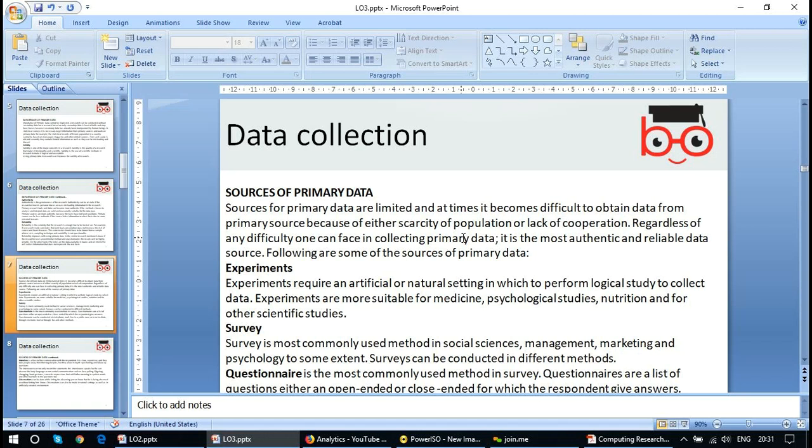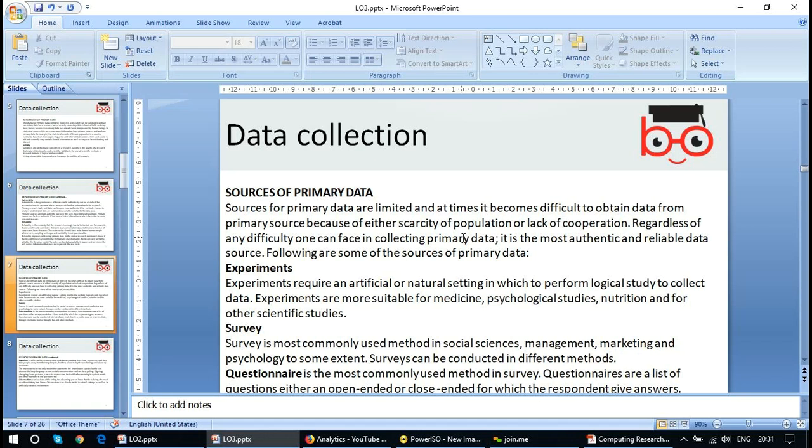So, obviously, it is very difficult to do some research based on the primary data, because you will be doing your research. So how you can do that research? Through experiments. So experiments require an artificial or natural setting in which to perform a logical study to collect data.